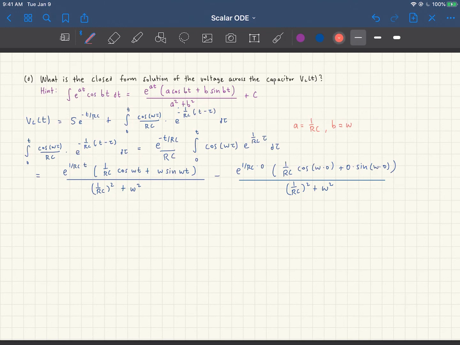From here, we see that this value is 1. This is 0. So we're going to pull out the 1 over RC, actually, from over here to make our calculations a little bit simpler. So we have e to the minus t over RC. That was from over here. I think I forgot to include it over here.